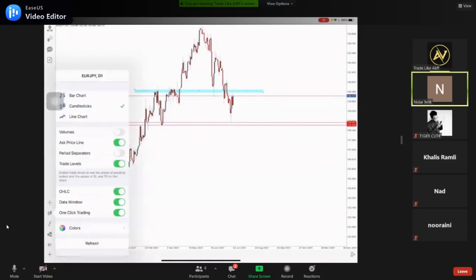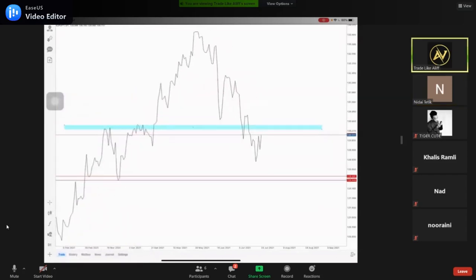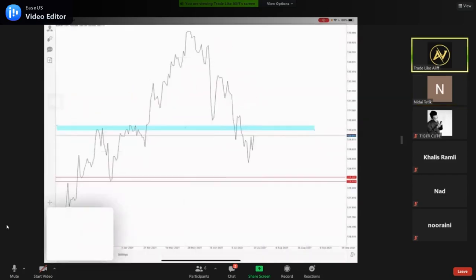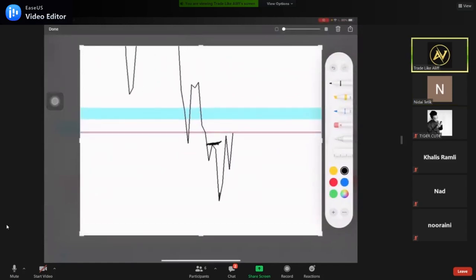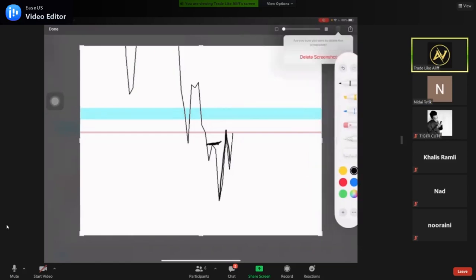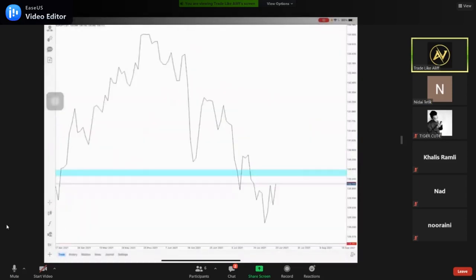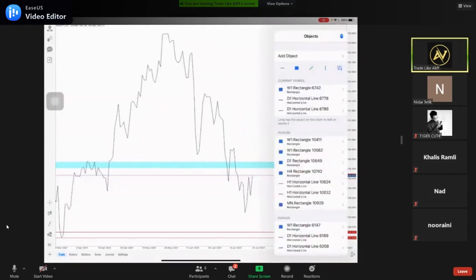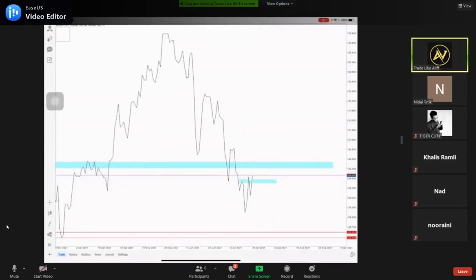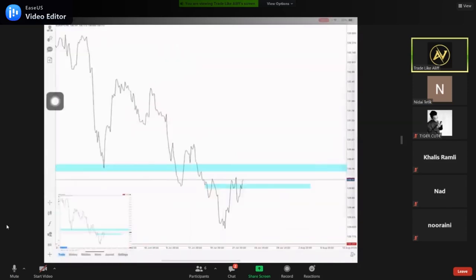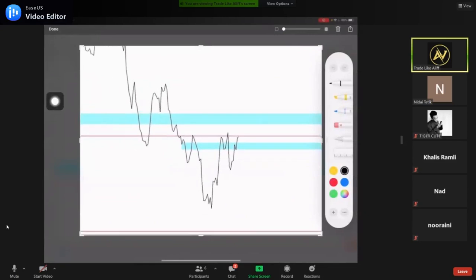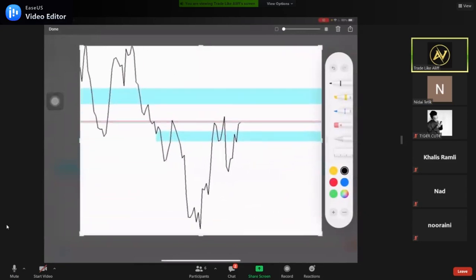Then you can see on this week, we have a breakout happening. You go to H4 and mark your nearest support and resistance. You have 1 here, and then you have 1 here.